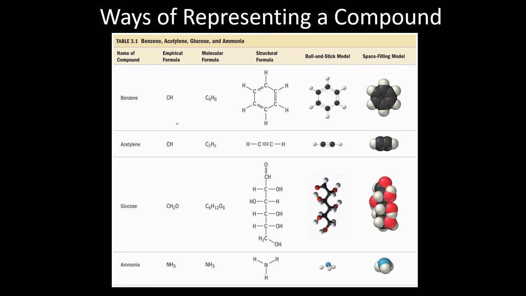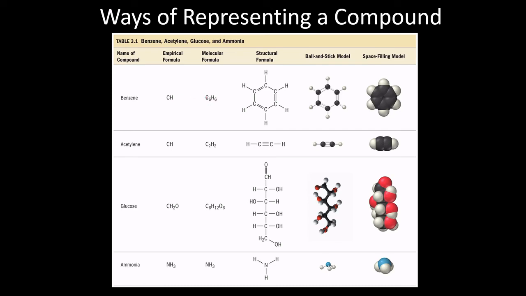Real quick here before we finish this video, I do want to point out empirical formulas, because I did say I was going to very briefly mention them. What an empirical formula is, is essentially the least common denominator, if you want to think of it that way, of the molecule. It's the simplest possible structure for the molecule.